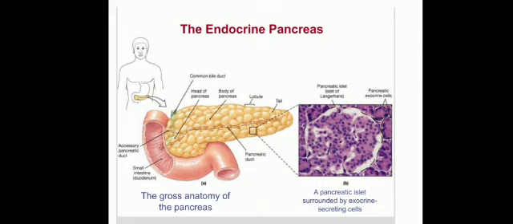As you all know, pancreas has two parts, an exocrine part and an endocrine part. 80% is the exocrine part, which we have already discussed in GIT in detail, and it controls the digestion in your body.